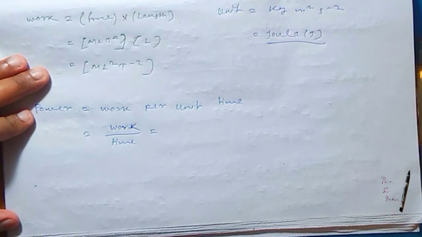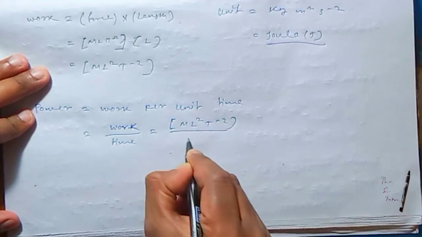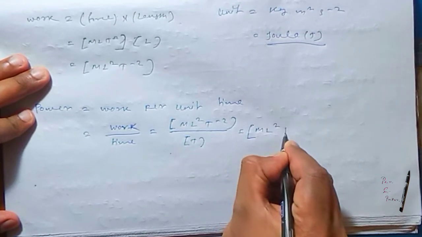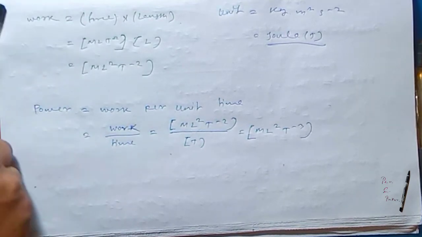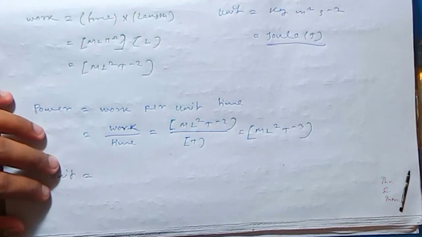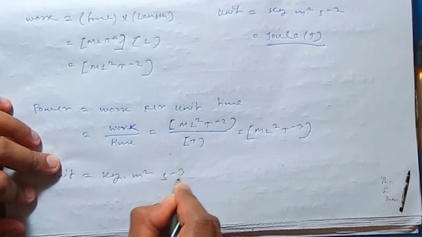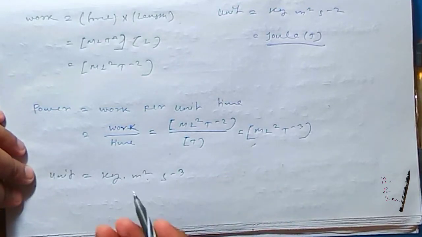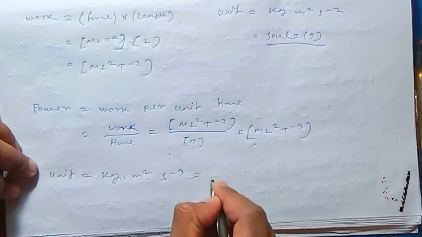So the dimension of work is ML square T inverse 2, and the dimension of time is T. The final dimension is ML square T inverse 3, and its unit is kg meter square second inverse 3. You can just directly write the unit from dimension also, or find the dimension from the unit. It is very easy, and it is popularly known as watt.